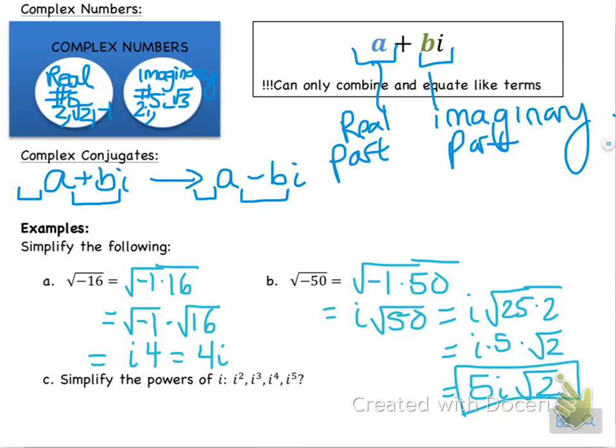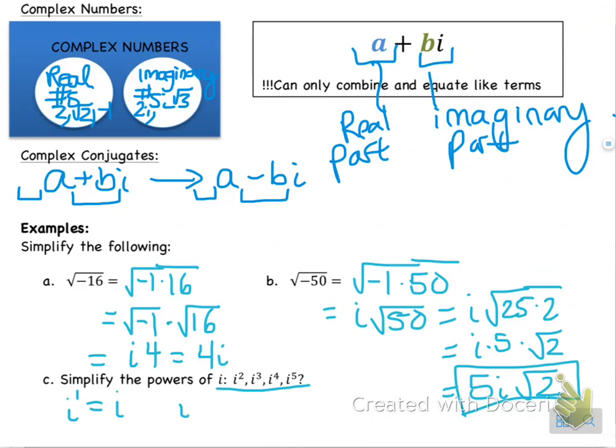Here's something really interesting. If you simplify the powers of i, you've got i to the first, i squared, i to the third, i to the fourth, i to the fifth. If you simplify those, you'll notice something interesting. I'm going to show you the first couple. i to the first is just i, since anything to the first power is just itself.